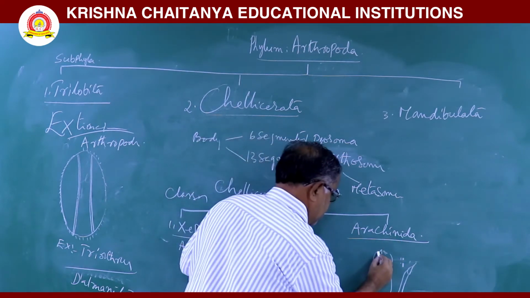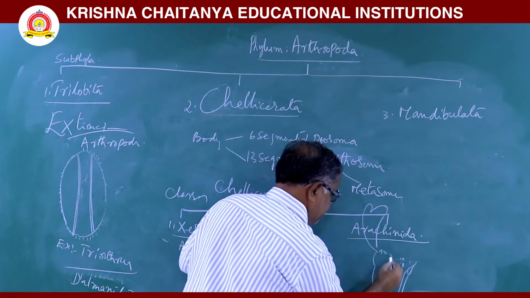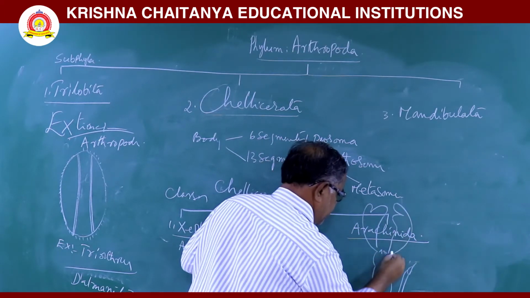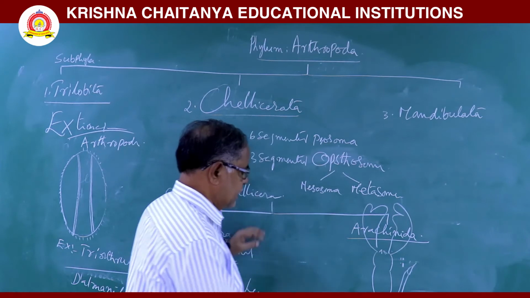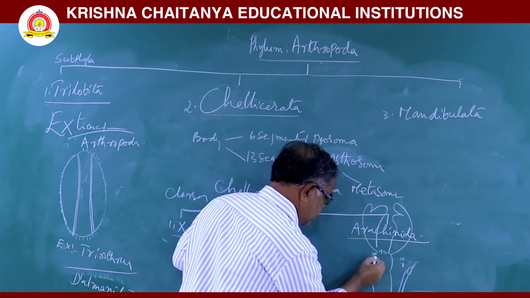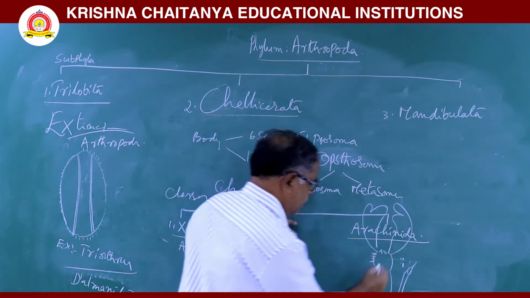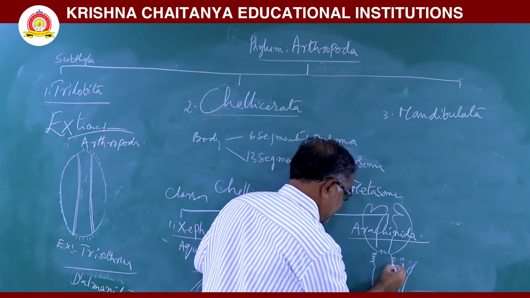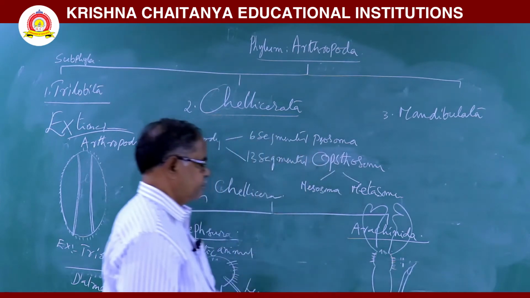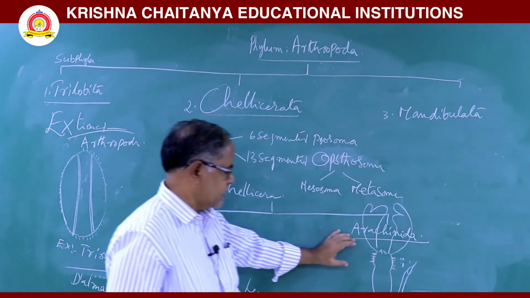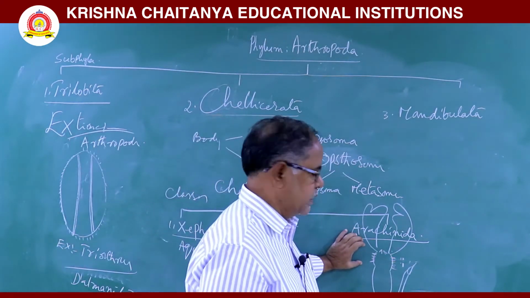The second pair are modified as pedipalps. Next, third, fourth, fifth and sixth appendages are modified as walking legs. In the prosoma, six pairs of appendages are there.